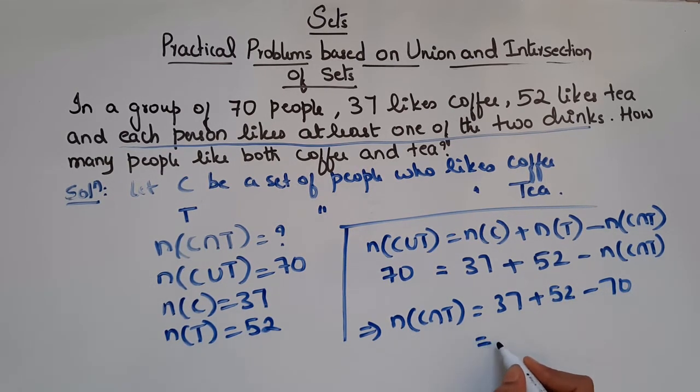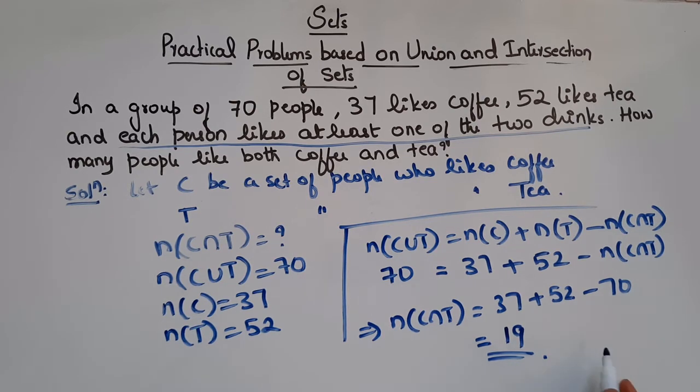So this will give you 19. So the number of people who like both tea and coffee is 19. I hope this is clear.